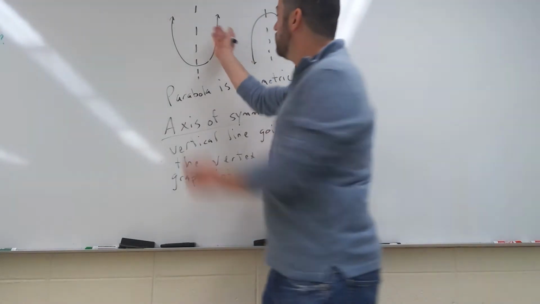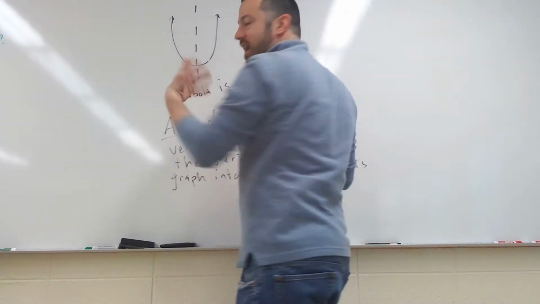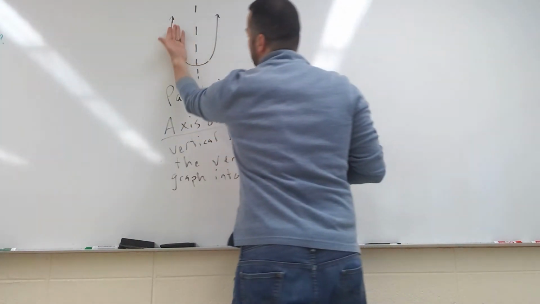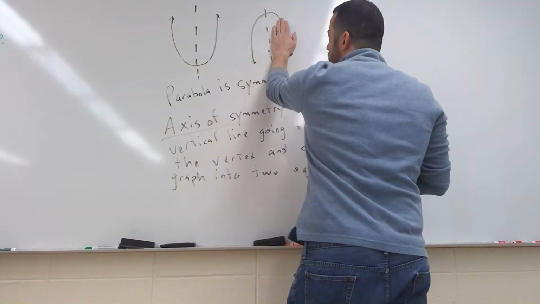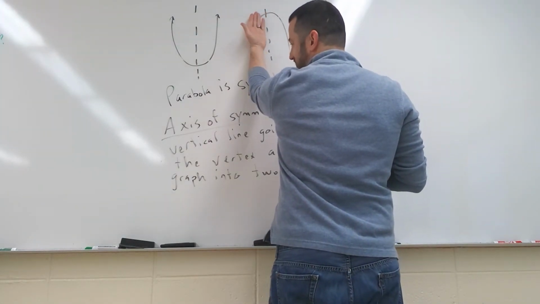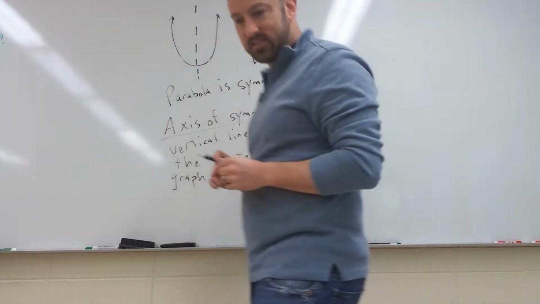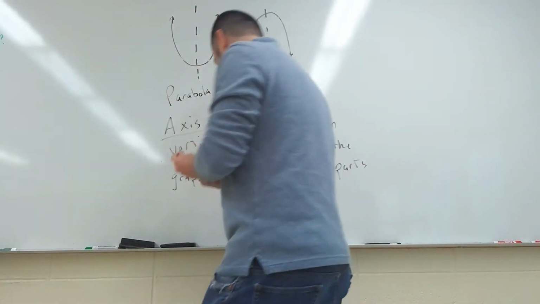All right? So if I were to flip this side over the vertex, I'm going to get it exactly on the other side. Flip this side over the axis of symmetry, then I get the exact other side.